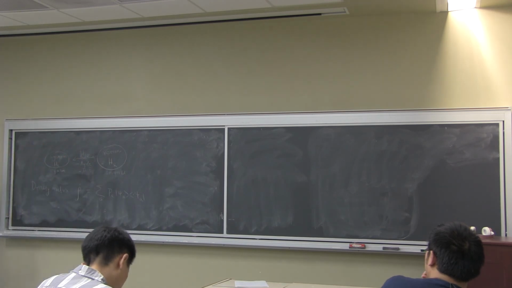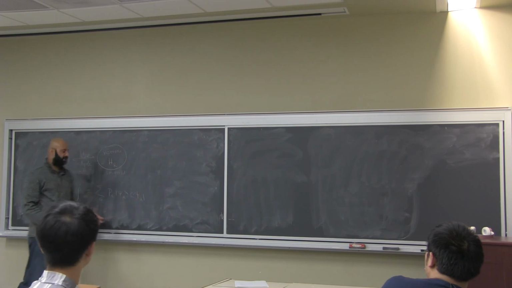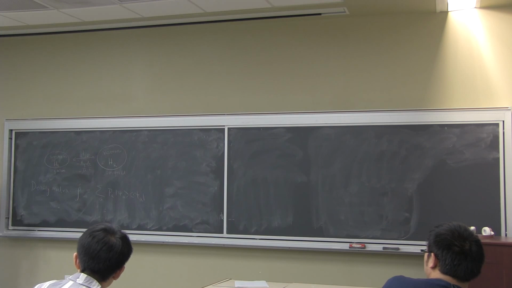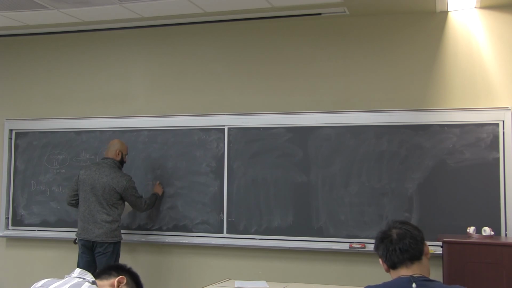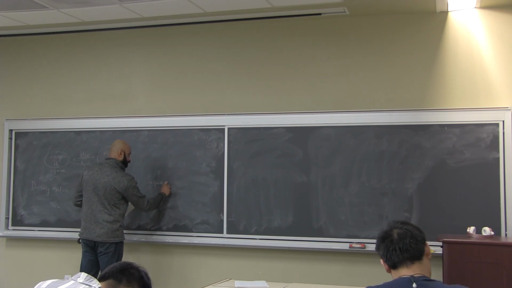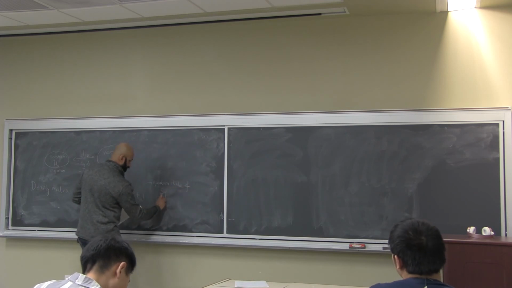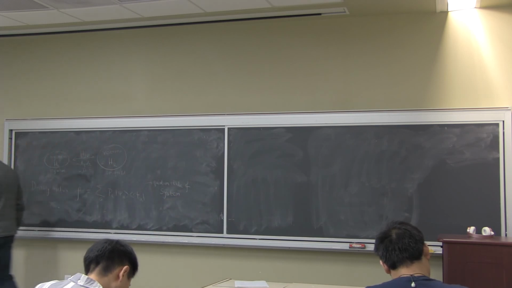The system has a probability p_a to be in one of these states psi_a, and here by the system I should really say the whole system, both the reservoir and the system together, which we would describe by one density operator. So psi_a is the quantum state of the entire system.